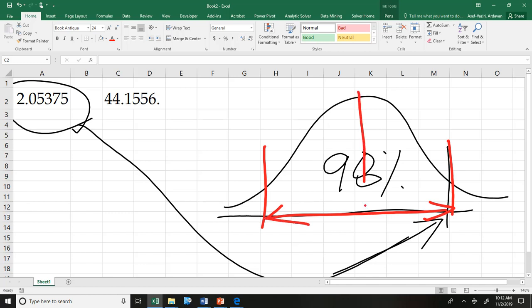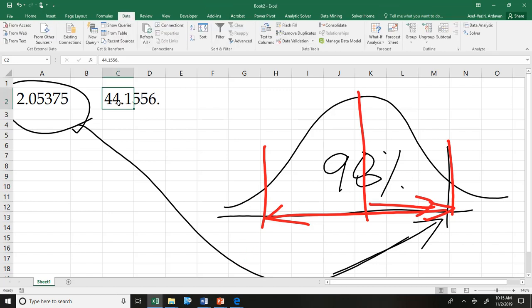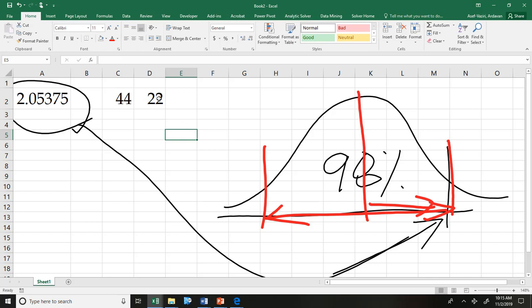So if I want to find the distance from the average to the right, I should divide it by 2, which is 22 point something. And that is 2.05 standard deviations. If I divide this one by this one, I will have the standard deviation of the average.